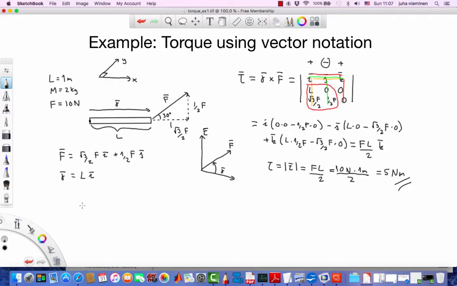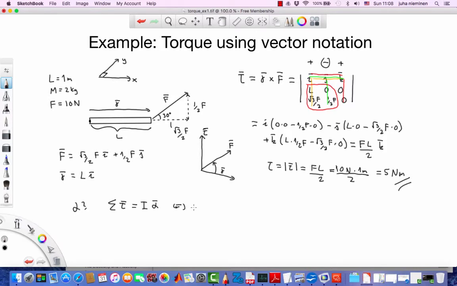What about the angular acceleration then? That is also a vector quantity, and if we backtrack a little, this is the equivalent of Newton's second law in the rotational motion. So the sum of net torque about some axis is the same as the moment of inertia times the angular acceleration, which is also a vector.